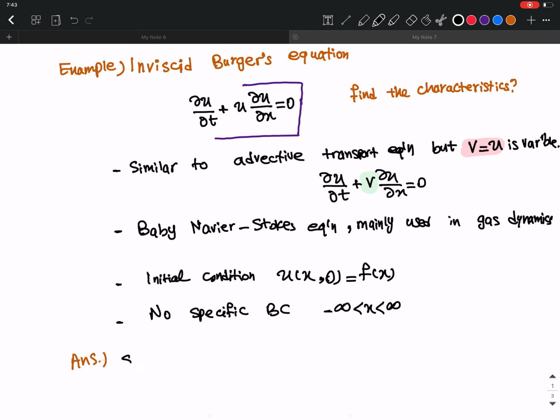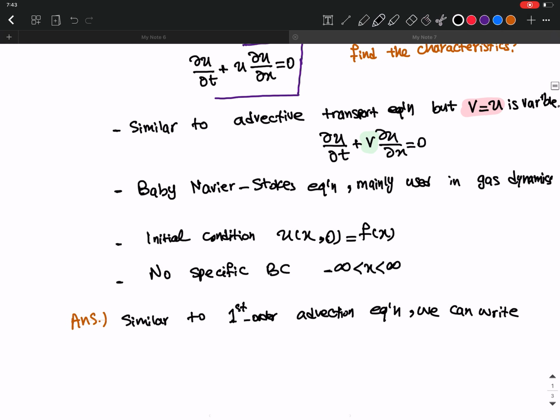So again, similar to the first order advection equation, we can write partial u over partial t as, by using those difference definitions, du over dt minus partial u over partial x times dx over dt.